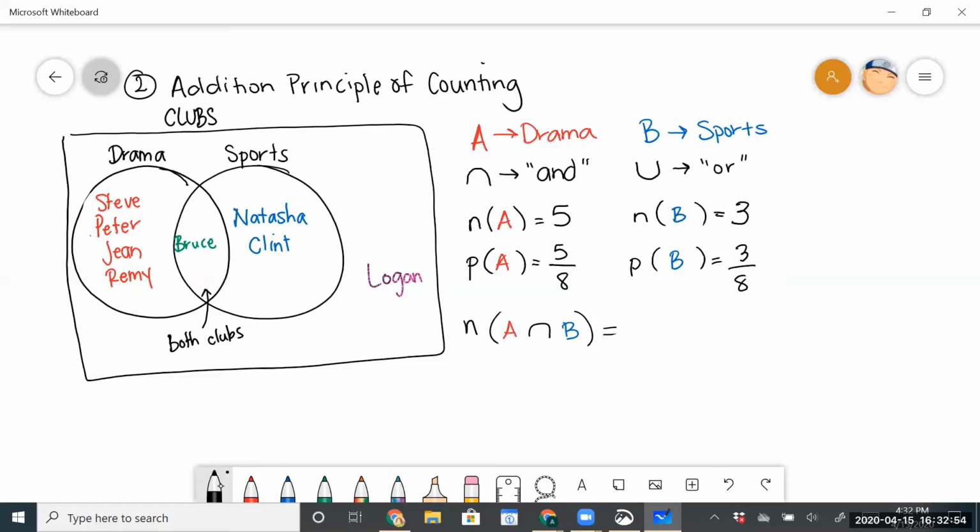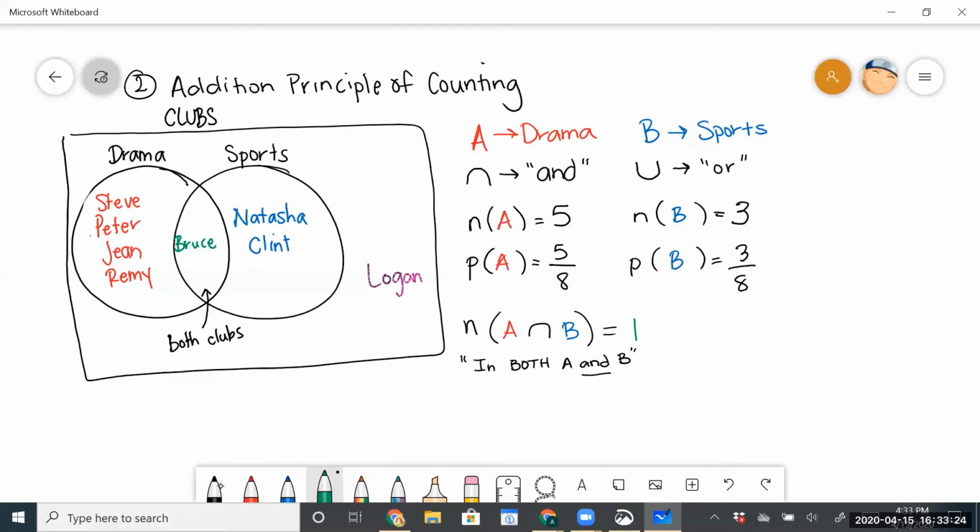Well, really what we're talking about here is how many people are in both A and B. So pretty much how many people are in both drama and sports. Here's that and word. And there's only one person. There's only Bruce. Only Bruce is involved with two clubs at the same time.